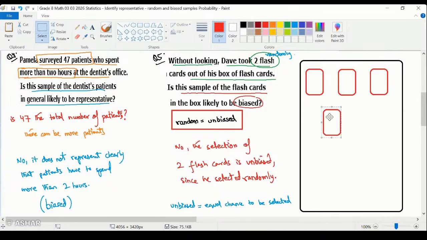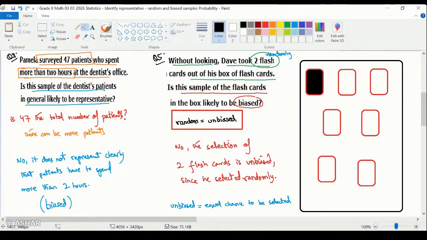If these were the cards, let's suppose, using some colors over here, or number cards. Let's suppose we had cards with 1, 2, 3, 4, 5, 6, and 7 on them, right?